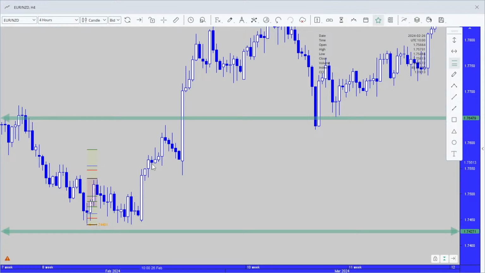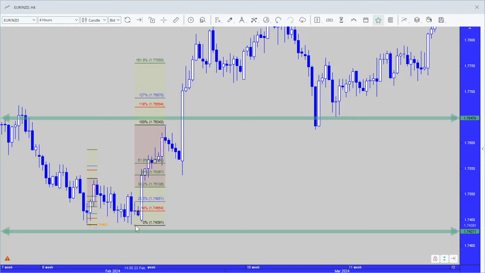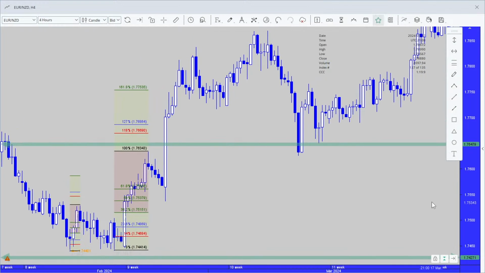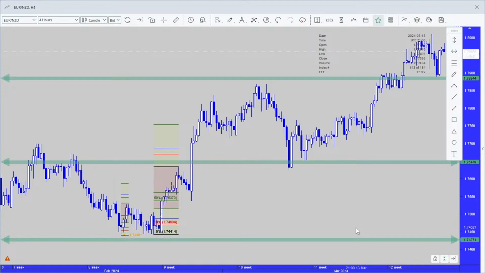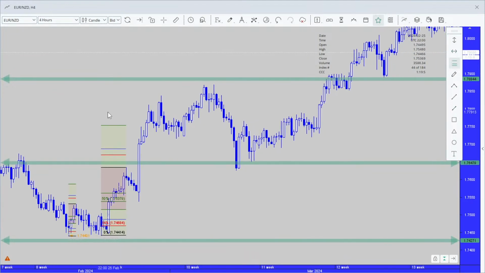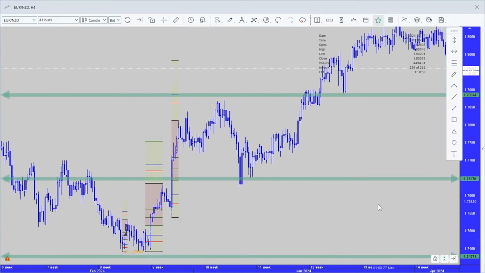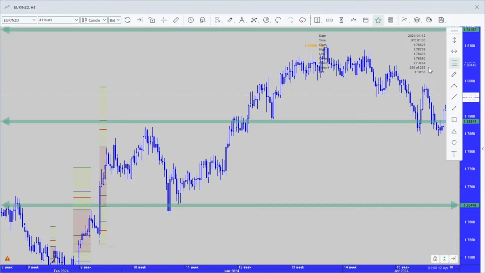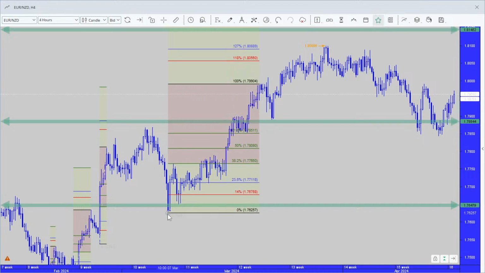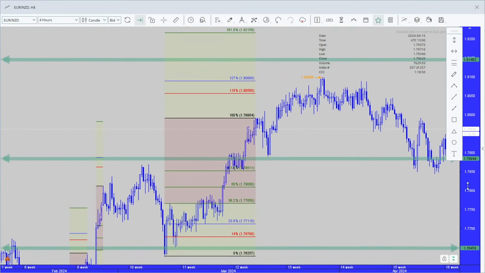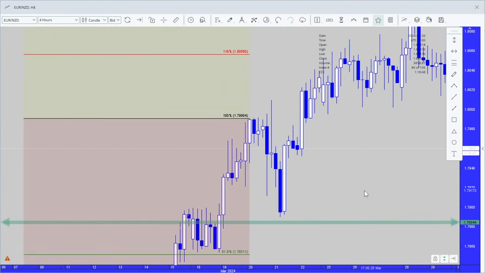So red goes to red, and that's the new one. Confirmation Fibonacci. Green goes to green, green goes to green. That's the third one. I'm going to double check up in here if we do have a high.